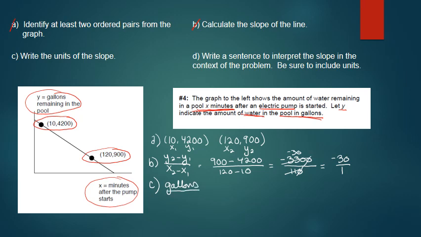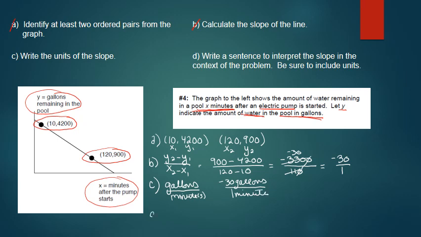And the part on the bottom, the x unit, is minutes. Okay, now just like in the previous problems, I'm going to combine the slope with the units. So I get negative 30 gallons over 1 minute.